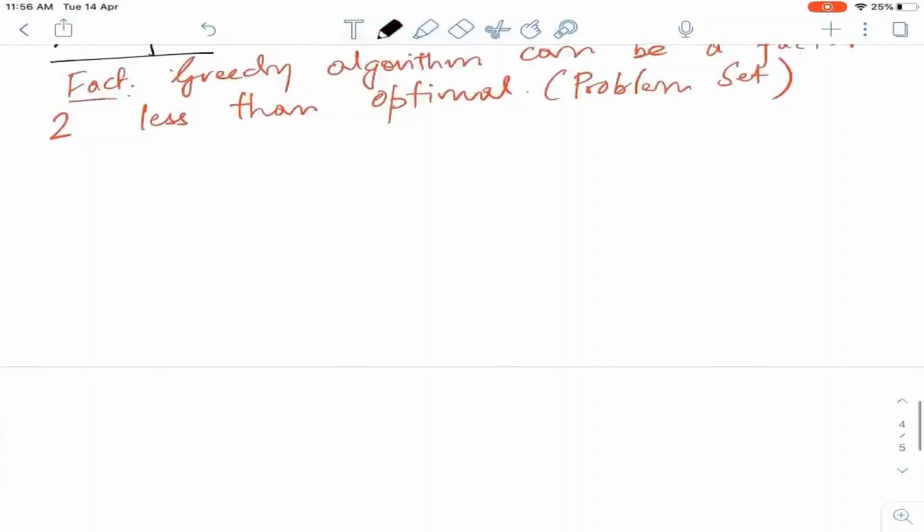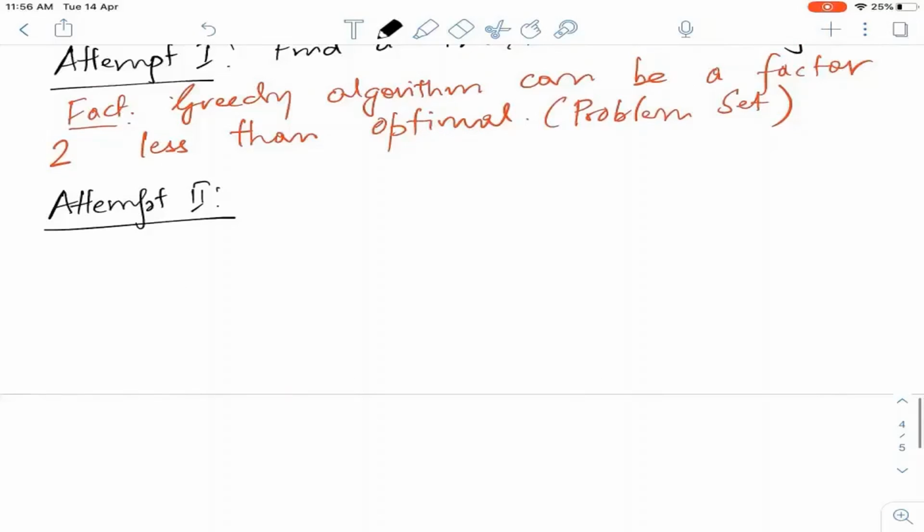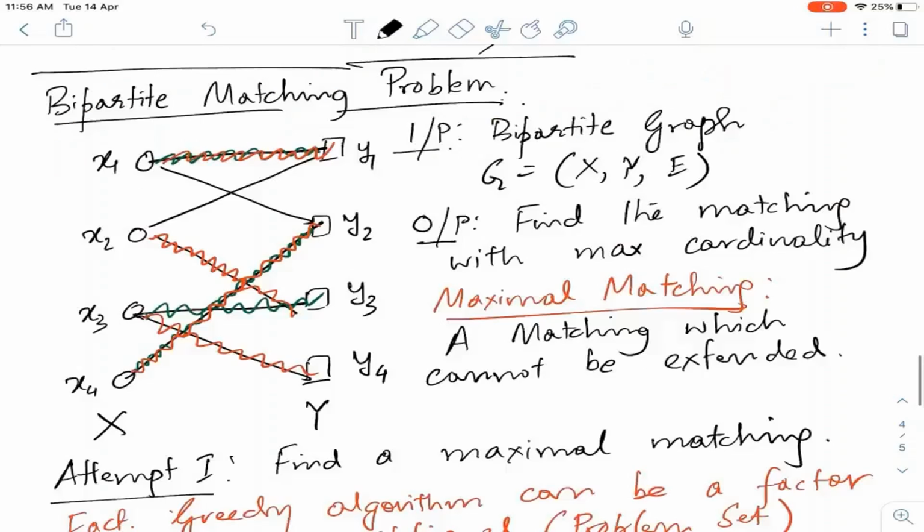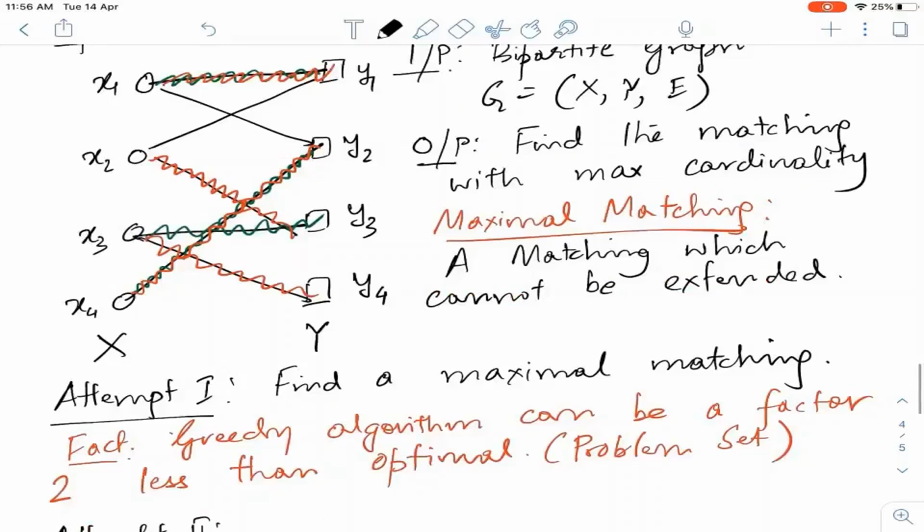So attempt 2 is, I want to apply the maximum flow algorithm. Okay. So now there are a few things that we need to address. What are the obvious differences? How on earth am I going to apply the maximum flow algorithm on this graph? First of all, it is less than or exactly half.